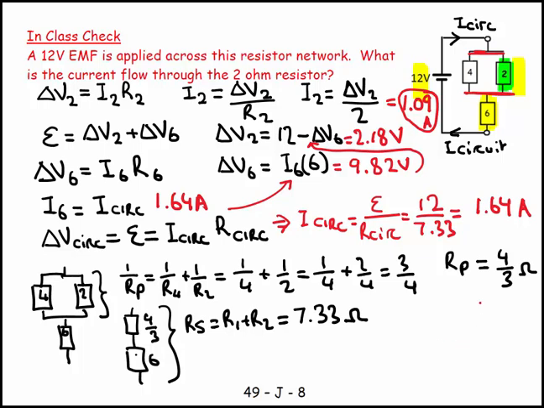Can you see how I used Ohm's law and then something else and then Ohm's law and then something else and then Ohm's law, and the something else tended to be conceptual? That's the pattern.